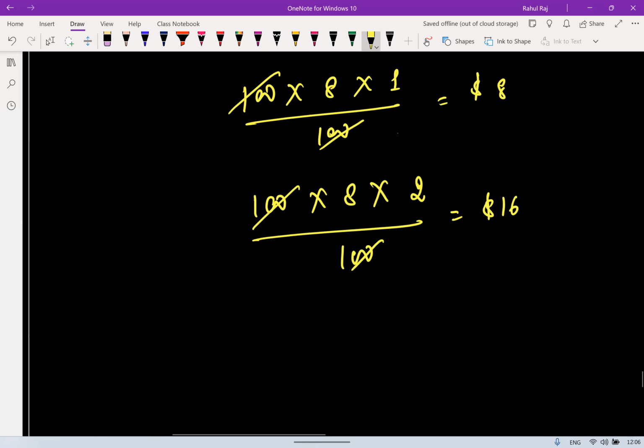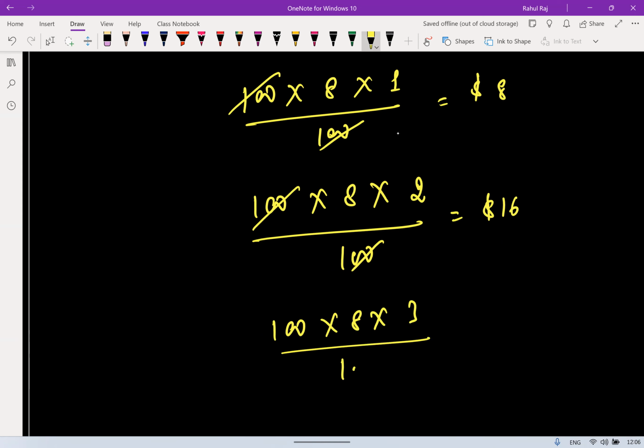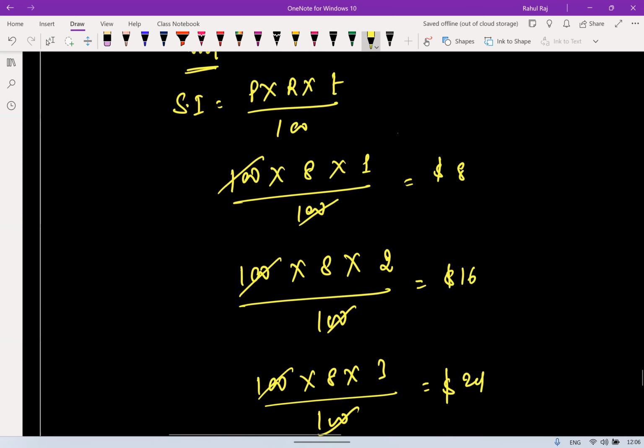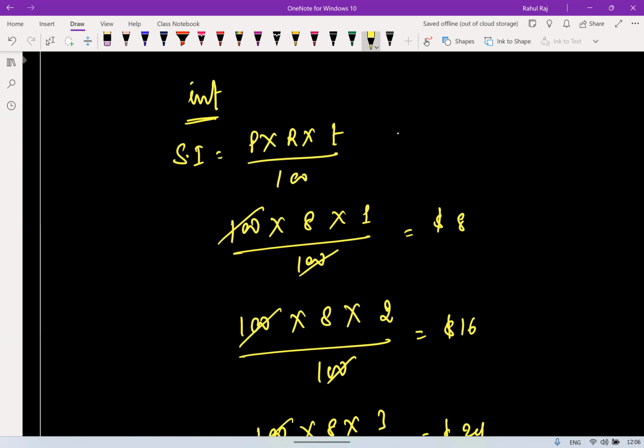In terms of simple interest, if you put the money for 3 years, what is the interest that you will earn? That is 100 into 3 by 100. So this is gone, you will earn $24. So what you look at in simple interest is that you get interest only on the principal amount.